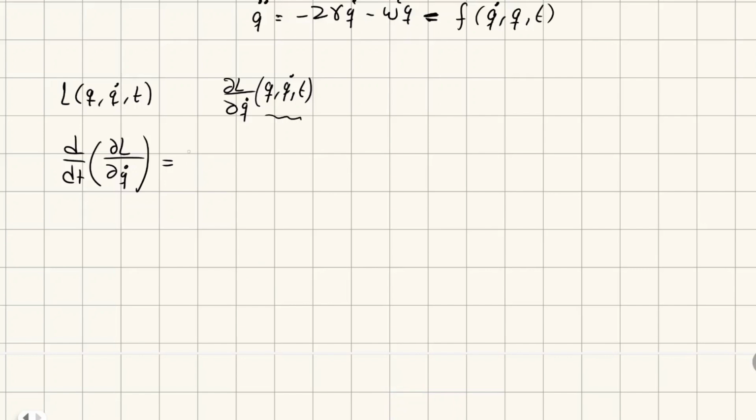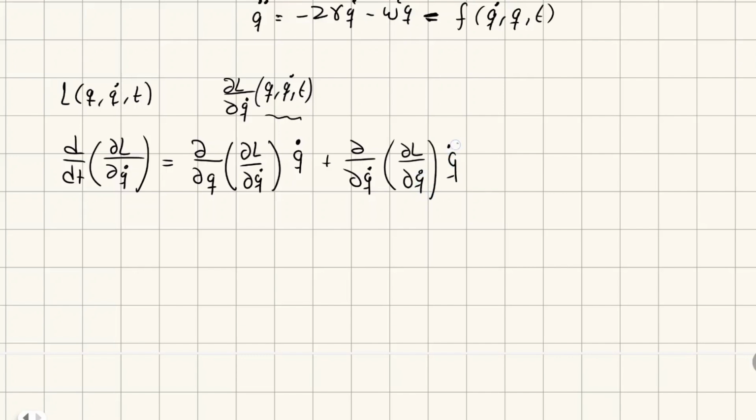This will be the partial with respect to q of the partial of L with respect to q dot, times q dot, because this is like the derivative of q with respect to time using the chain rule, but we are going to name it q dot. Then plus the partial with respect to q dot of the partial of L with respect to q dot times q dot dot, and then plus the partial with respect to time of the partial of L with respect to q dot.